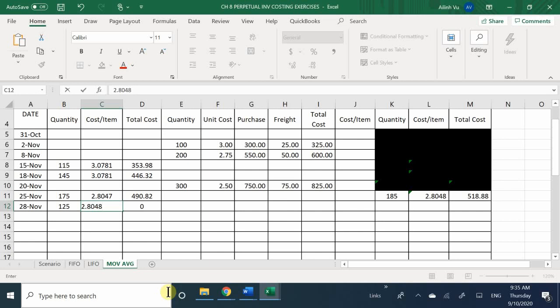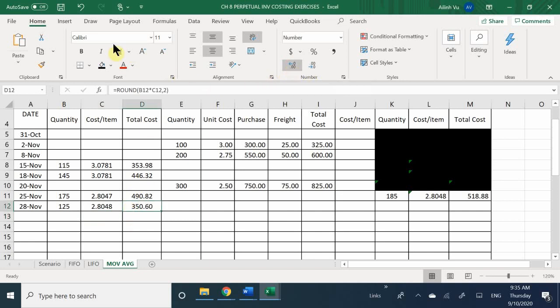So what is my number here? Again, this is a round formula to make sure that you round to the nearest penny. 350.60. There you go. Want to make it visually appealing. Now how do we calculate the rest?